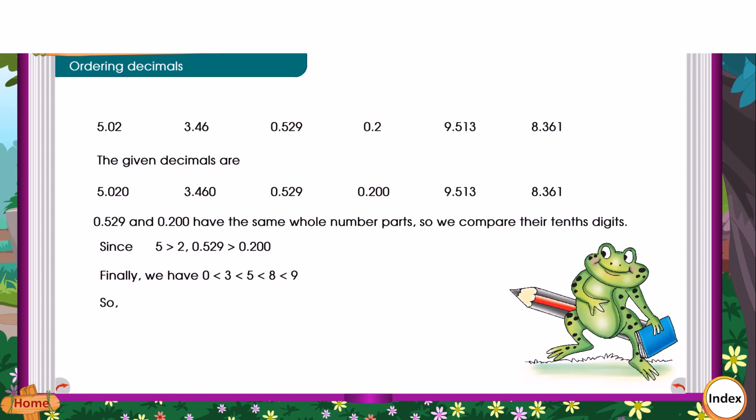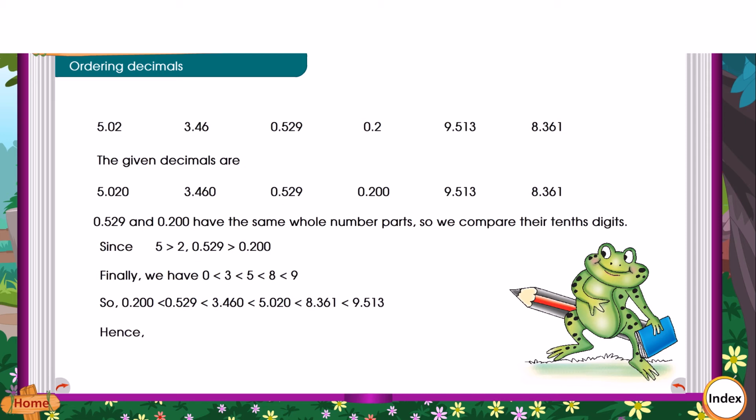So, 0.200 is less than 0.529 is less than 3.460 is less than 5.020 is less than 8.361 is less than 9.513.